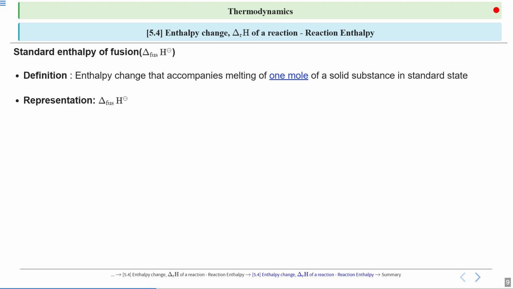This is also mandatory. Now, how do we represent it? We have seen it. It is delta fus H naught. Now let us take an example. Suppose we are converting solid water into liquid water. During this process, the enthalpy change for 1 mole of water to be converted into the liquid phase from solid at 1 bar pressure is 6 kilojoule per mole.